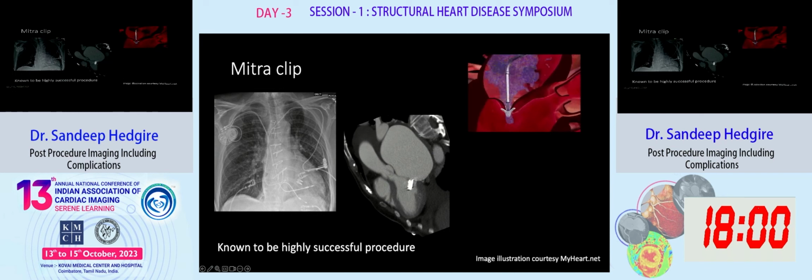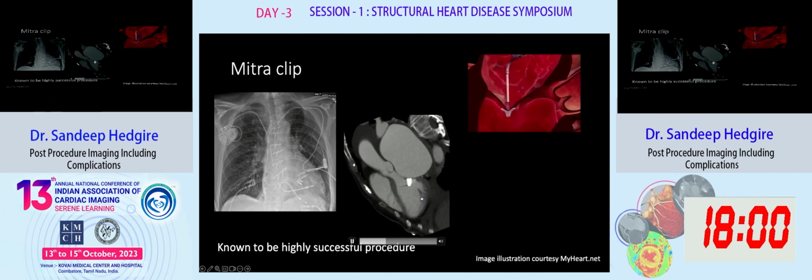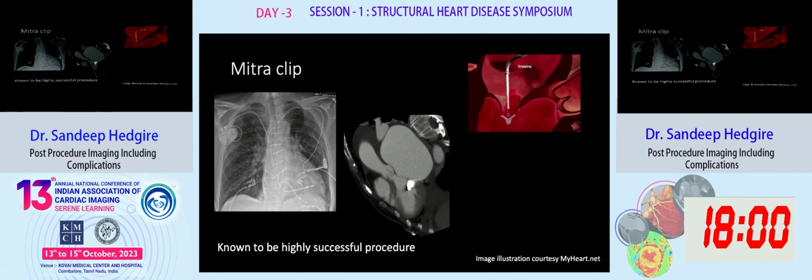The next device I'm going to show is a MitraClip. It's a widely used device thought to be highly successful in treatment of mitral regurgitation. When a MitraClip is placed, it's supposed to hold both the leaflets together, thereby reducing the coaptation gap of the mitral valve. But not all the time does this go well.